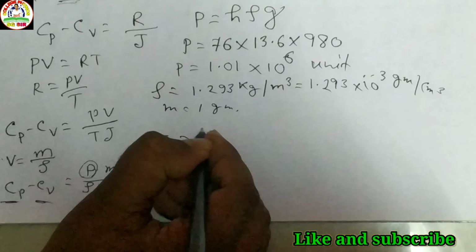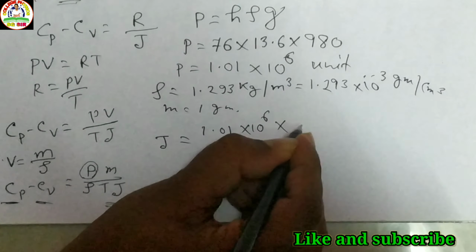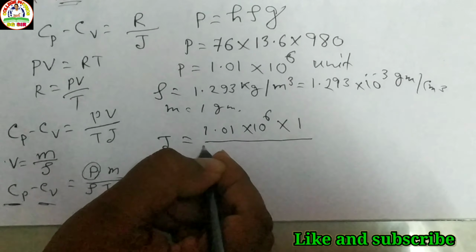If we put these values, we get J is equal to P, meaning 1.01 into 10 to the power 6, into M, meaning 1, divided by Cp minus Cv.